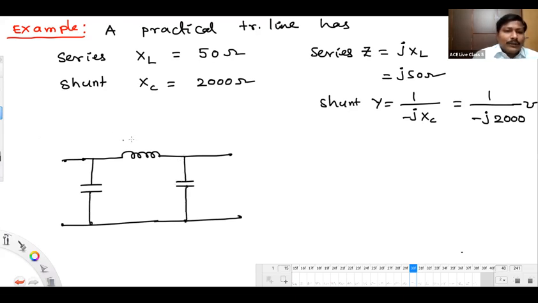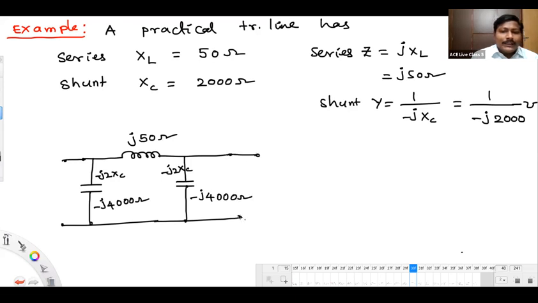That problem's pi model is this: j50 ohms for jXL, and the shunt impedance is minus j2XC, so minus j4000 ohms on each side. Minus j4000 ohms. Let me copy the same diagram, which I need to repeat further.